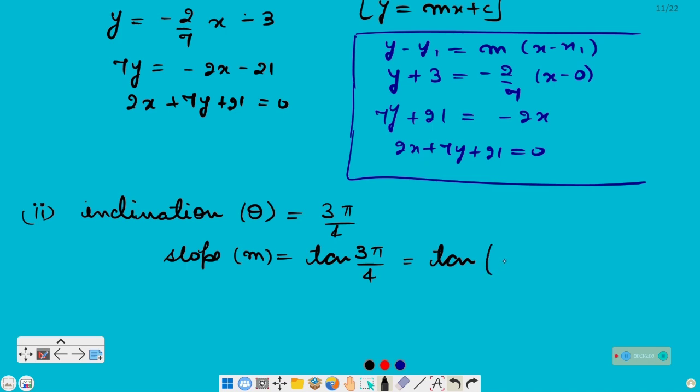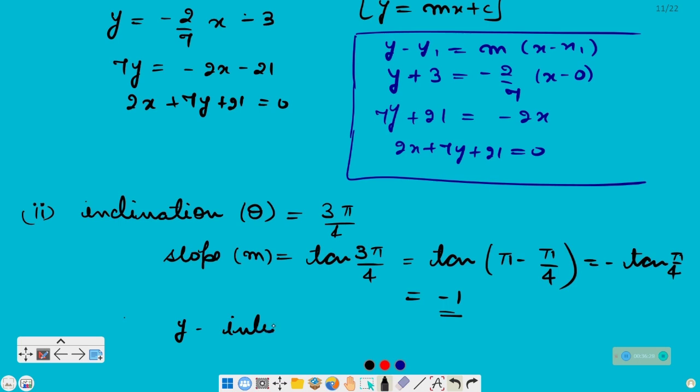You can write this as tan of pi minus pi/4, and tan of 180 minus theta is minus tan theta, means slope is -1.